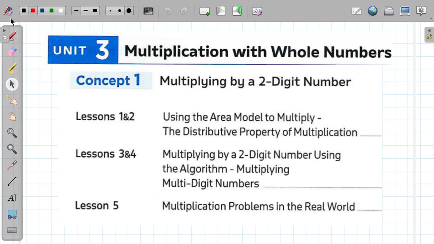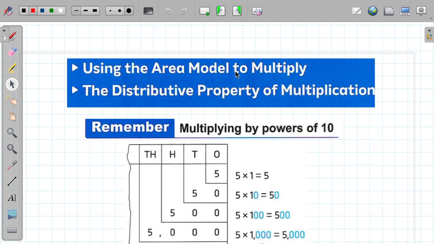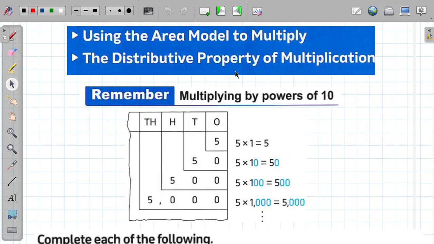And lesson number 5 talks about multiplication problems in the real world. So we will begin with the first two lessons, using the area model to multiply and the distributive property of multiplication.